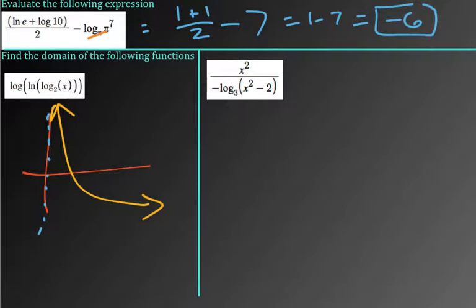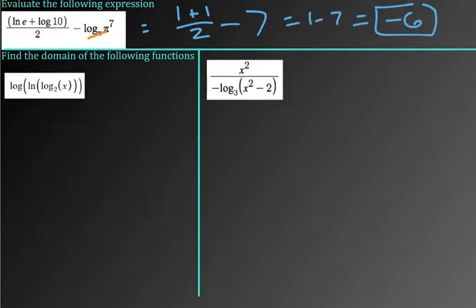And so for all logs, to start off with, you just set them greater than 0. This is where everything comes from. So we just take any log expression, and whatever is inside the log, you set greater than 0. That's it. So we got 3 to do.